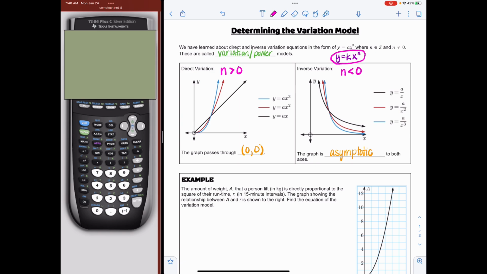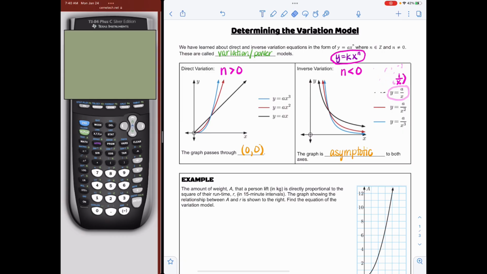And that is because of laws of exponents, because for instance, if I have y is equal to a times x to the power of -1, if I want to make that exponent positive, it will be y is equal to a times 1 over x, because remember, a negative exponent just means reciprocal. So the reciprocal of x is 1 over x. And if I do a times 1 over x, I just get a over x, which means I would have this inverse variation model here based off the laws of exponents.